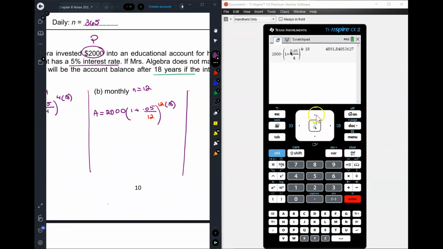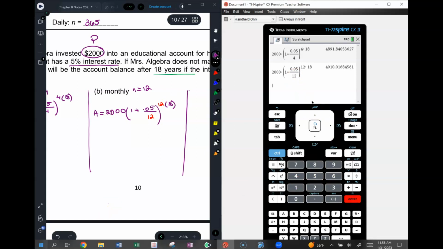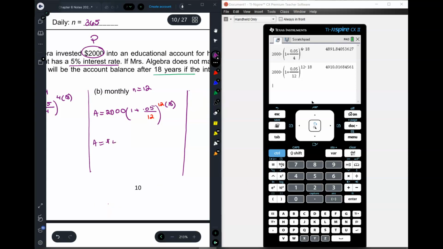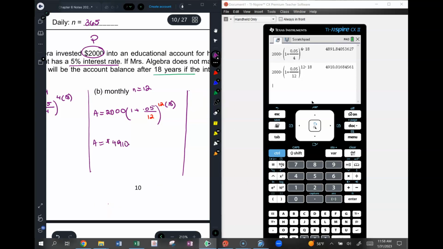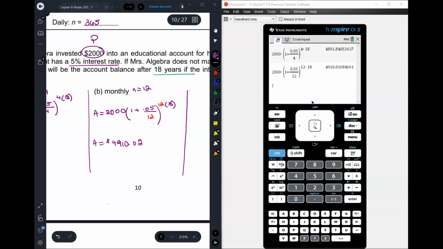Press the up arrow button once, twice. Highlight this, press enter. Now you get the same thing in editable form. So just go in there and change the 4s to 12s. It's so much easier. Less keystrokes, less mistakes. So now we get $4,910.02.